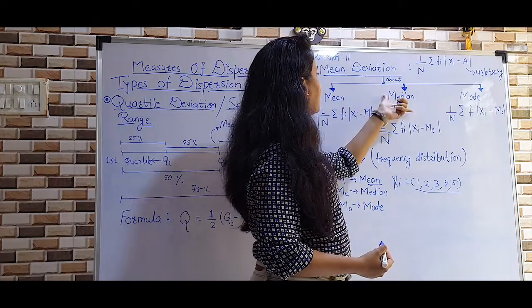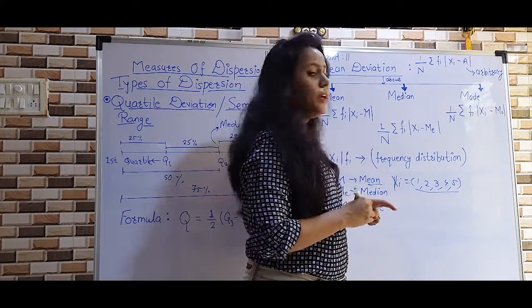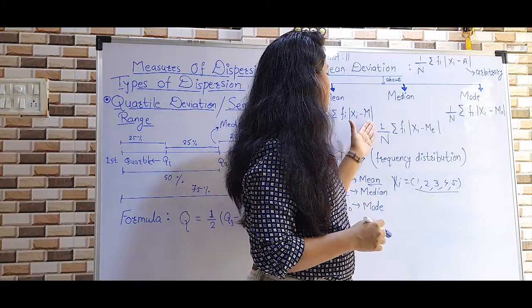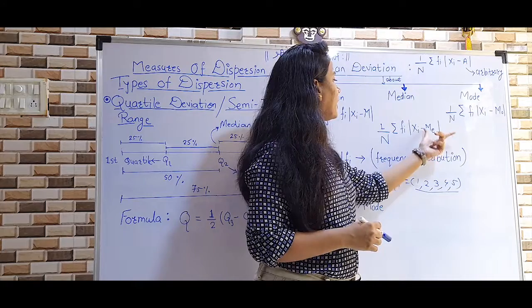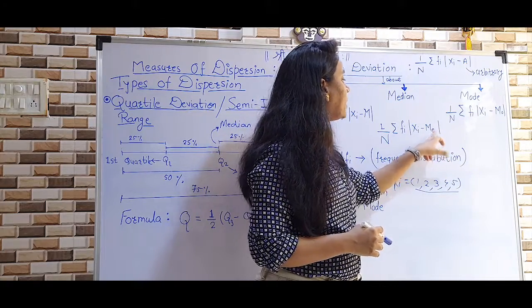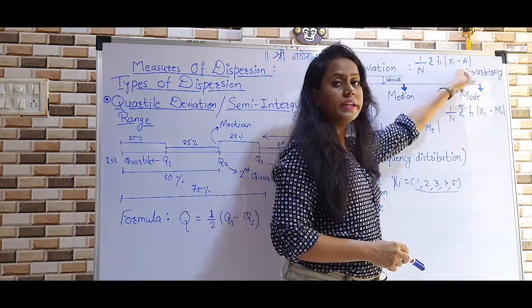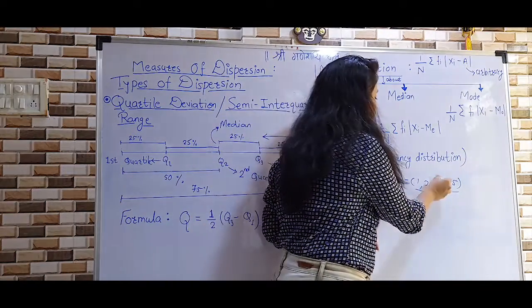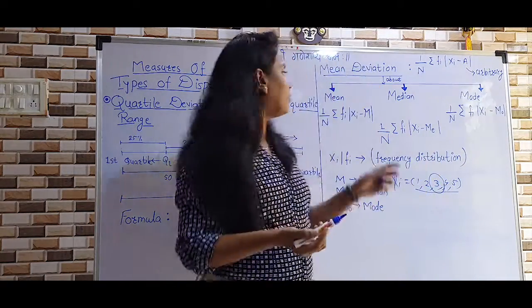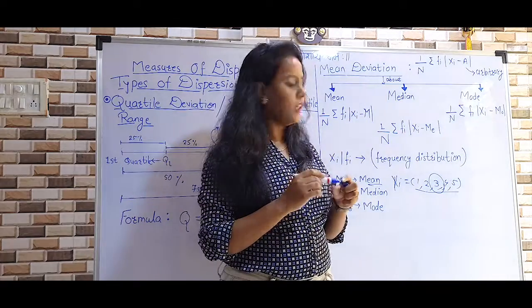Then what is mean deviation about median? Mean deviation about median is nothing but 1/n summation of fi times modulus of (xi minus Me). What is Me? Instead of an arbitrary number, which value will we consider? The median value, the central value, instead of the mean or any arbitrary number.